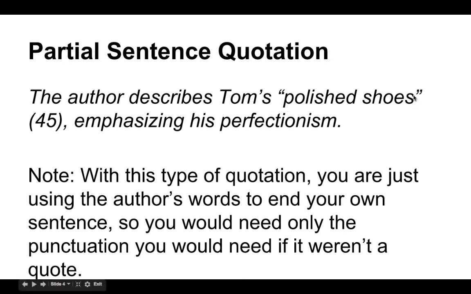And similarly, you don't have anything inside the end of the quote unless it's a question mark or an exclamation point. So again, if we took off the quotes, this would just say the author describes Tom's polished shoes, comma, emphasizing his perfectionism, which is a great sentence. So a good trick for quoting is take off the quotes, see if you would need a comma or a capital letter, and that's the amount of punctuation that you need.